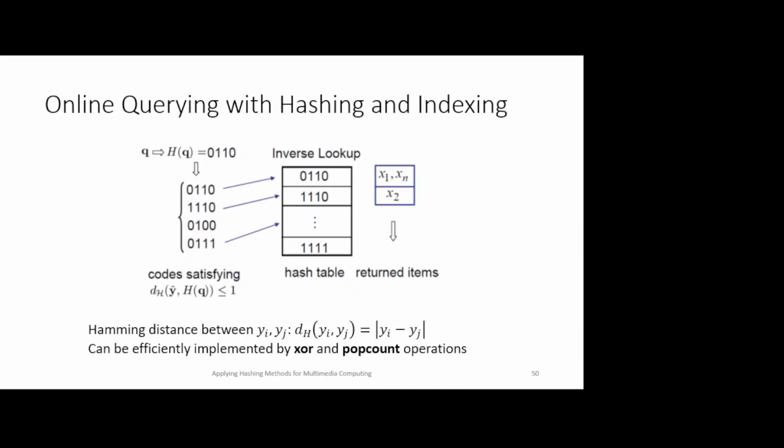XOR and population count are already implemented as hardware instructions, so they perform very efficiently. That's why using hashing to generate binary codes can be very efficient.